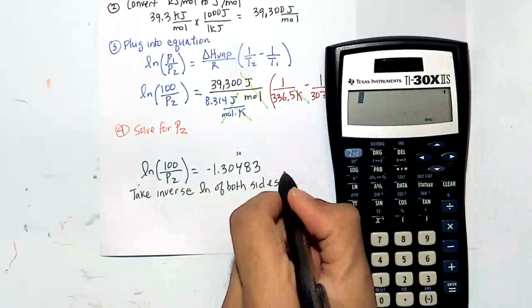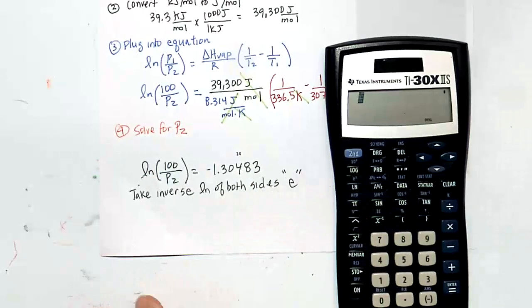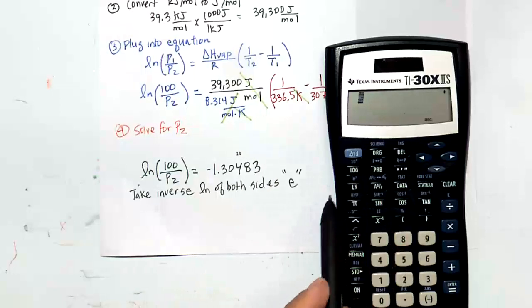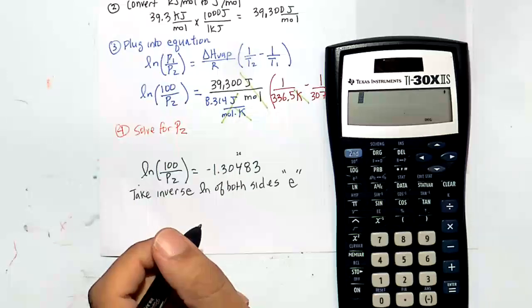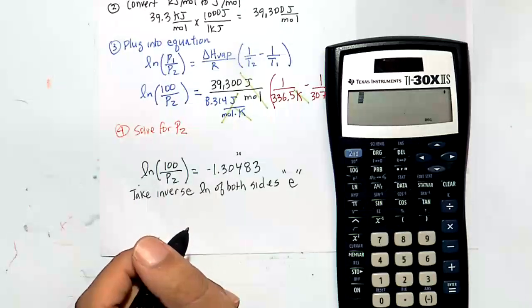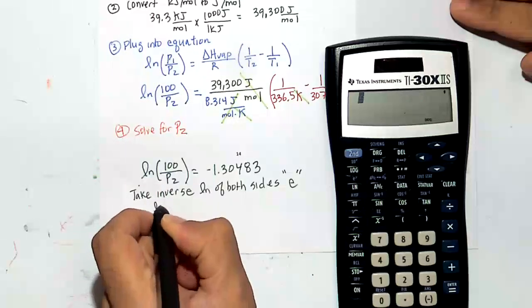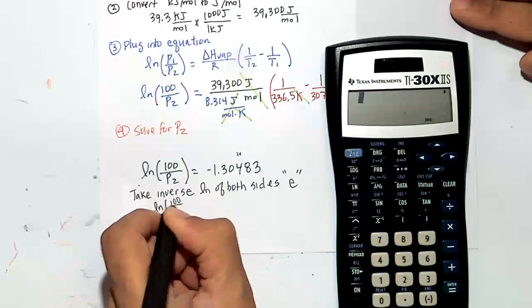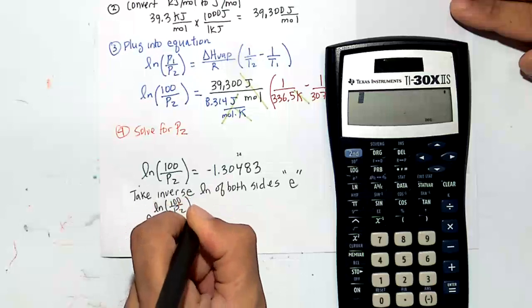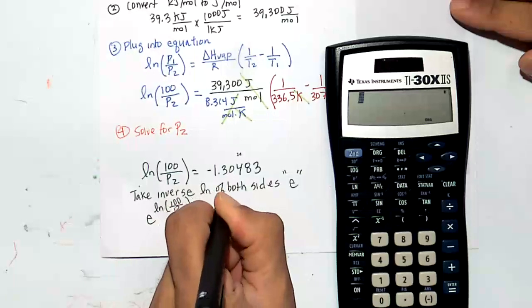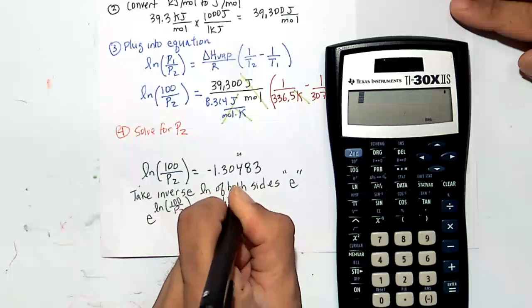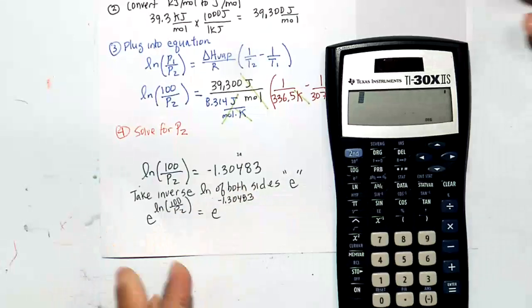E. You see that on your calculator, E. This is how we extract P2 out, which is what we need to solve for. So E to the power of natural log of 100 over P2 equals E to the power of minus 1.30483.